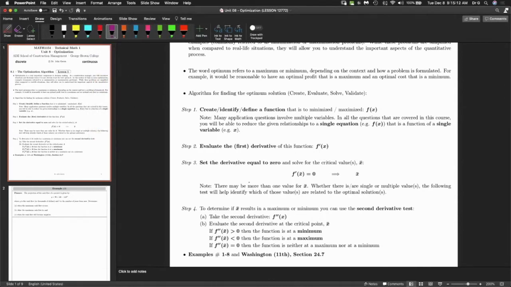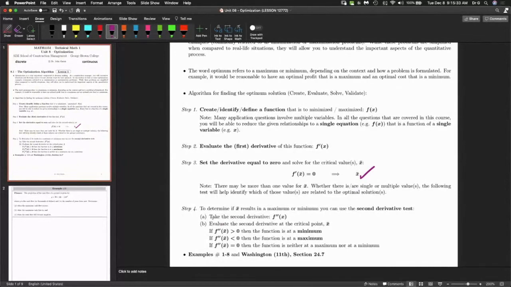And then finally we have step 3, which is to take the derivative and set it equal to 0 and solve for x. Once you have these values of x, those represent what are called critical values, and those values are associated with the best or worst possible scenario.